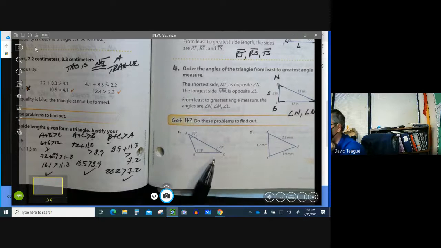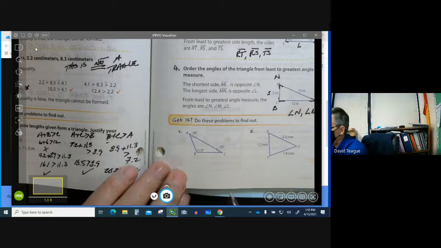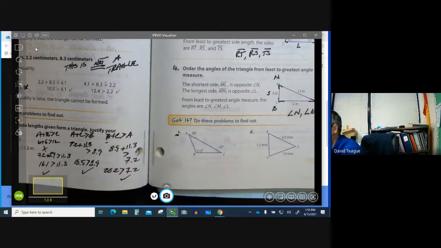So you're looking at the side opposite the angle. We'll identify that side. Hey, Google, can you set a timer for 1 minute? All right, 1 minute, starting now. So work on C. Order the sides from least to greatest.